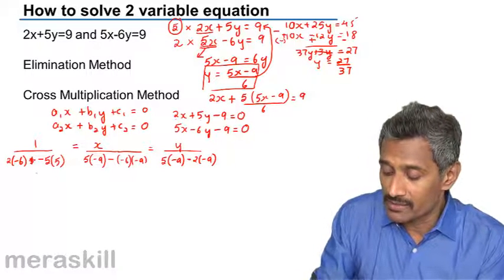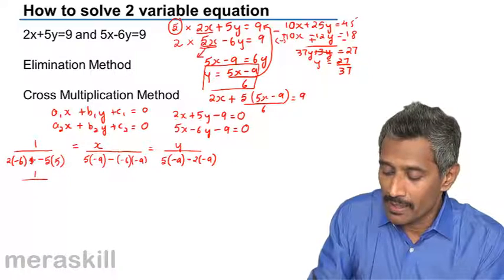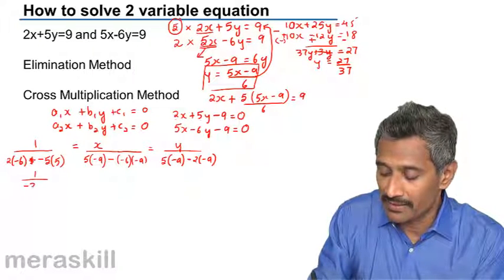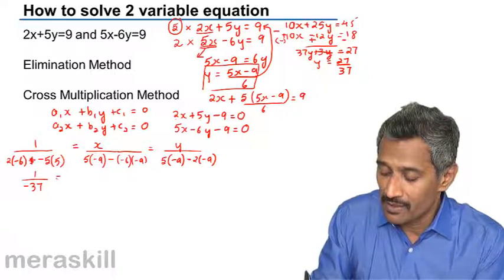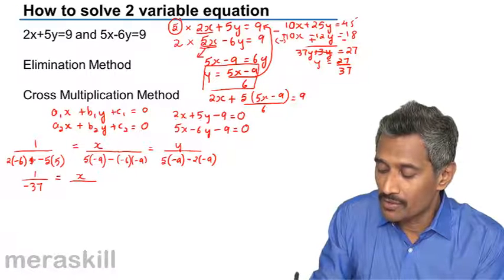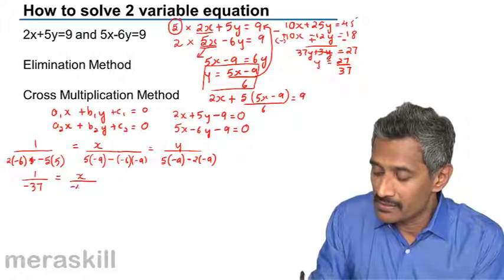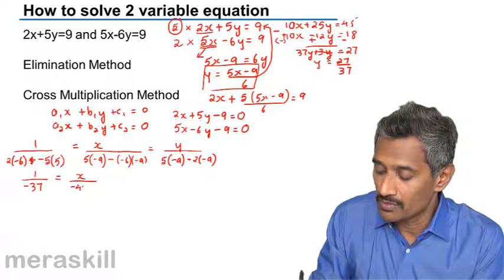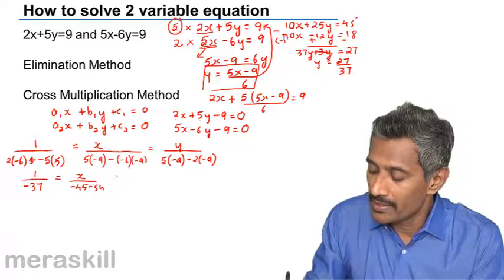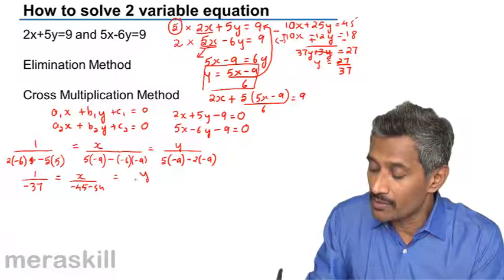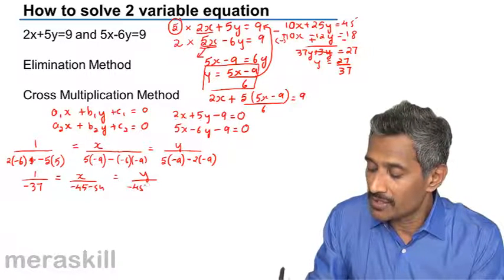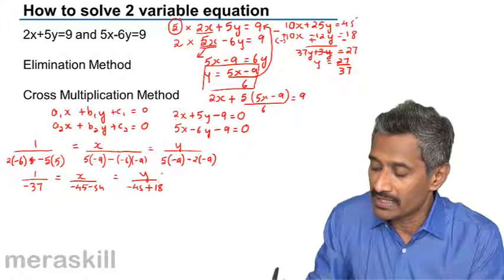So if you look at it, this will become 1 upon minus 12 minus 25, that is minus 37, is equal to x upon minus 45 and minus 54, which will turn out minus 45 minus 54 is equal to y upon minus 45 plus 18.